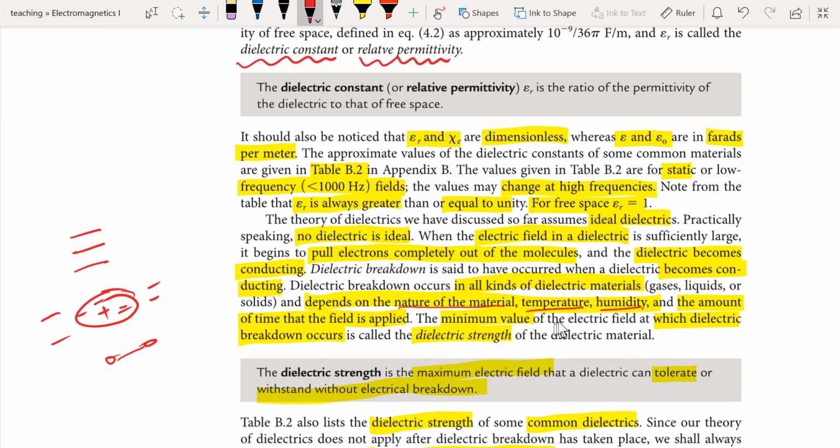The minimum value of the electric field at which electric breakdown occurs is called the dielectric strength of the material.